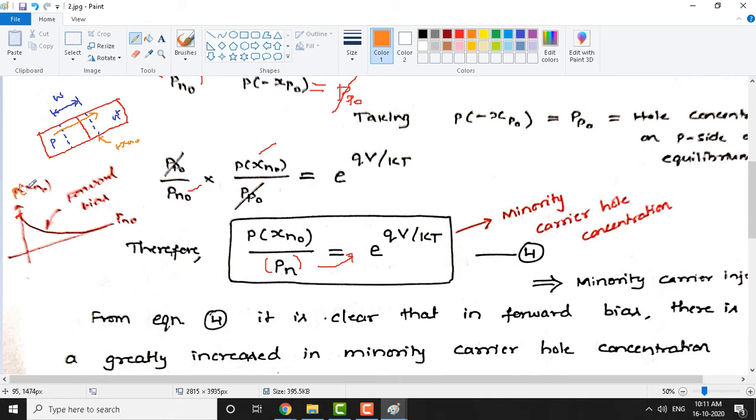You can see the x axis and y axis here. If you plot P of xn0 versus Pn0, where Pn0 is the hole concentration on the n side under equilibrium, the graph is going to be an exponential graph.